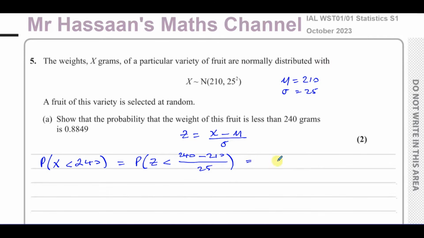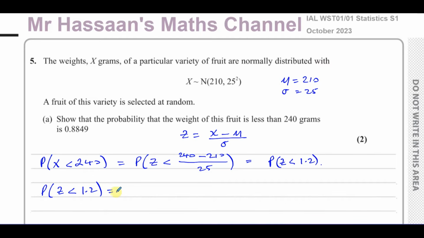So that will give us the probability that Z is less than 240 minus 210, that's 30 over 25, which is 6 over 5, which is 1.2. So we've got to find the probability that Z is less than 1.2.